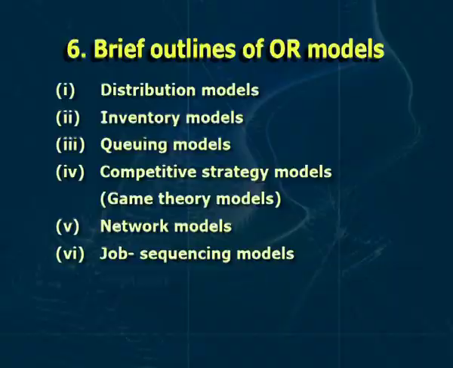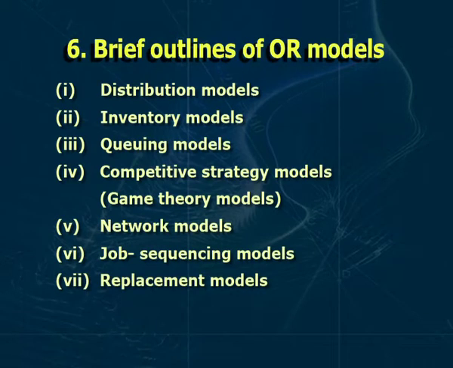These models are used to determine the best sequence of performing actions or jobs that optimize the efficiency measure of performance of the system. 7. Replacement models. These models determine the optimum replacement policy where some items or machinery need to be replaced by a new one.